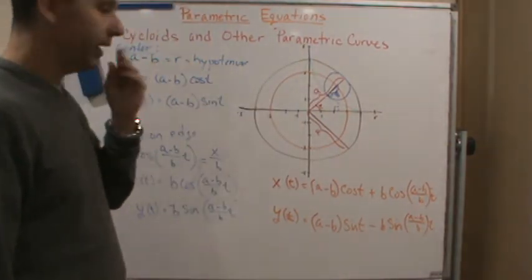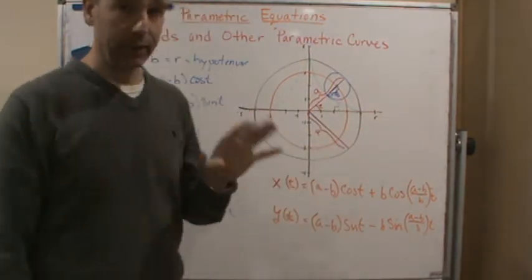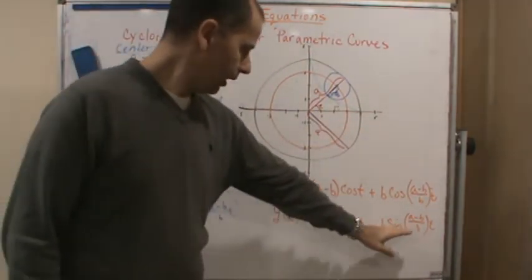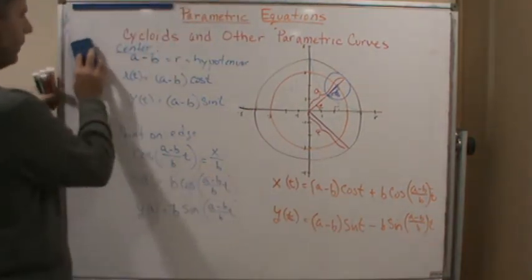And now again, this is just an example. Now here's where the period comes in. So we're going to look at the period of this. Now what's the period? So here's our equations. So let's look at what's going on here.